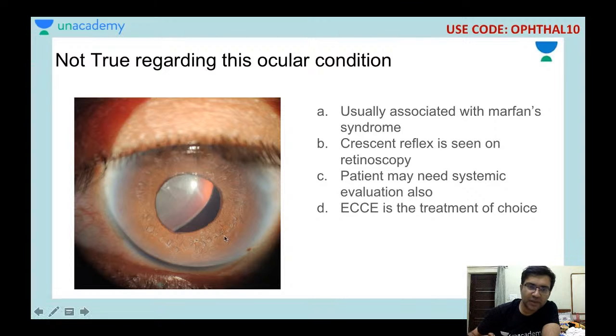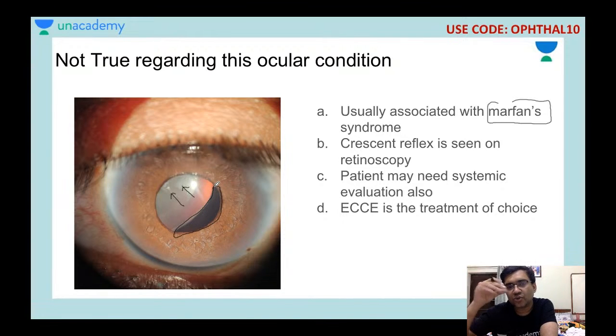This is an ectopia lentis and there is a superior-temporal subluxation here. The lens is going superior-temporal. So superior-temporal subluxation is usually associated with Marfan syndrome. And if you can see a reflex, this is the aphakic part. So you get different retinoscopy values from the aphakic area and from the phakic area. So this reflex is called the crescent reflex.